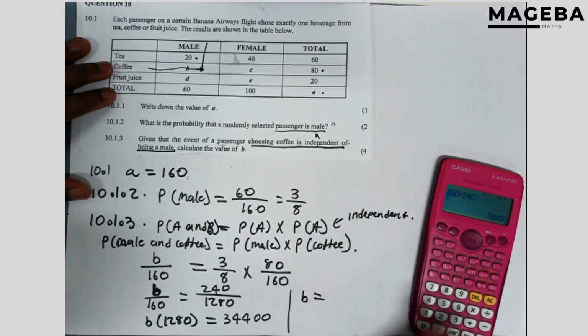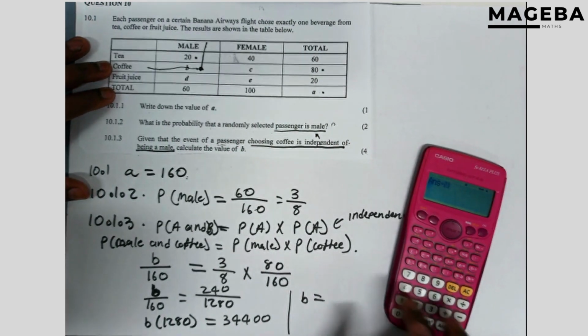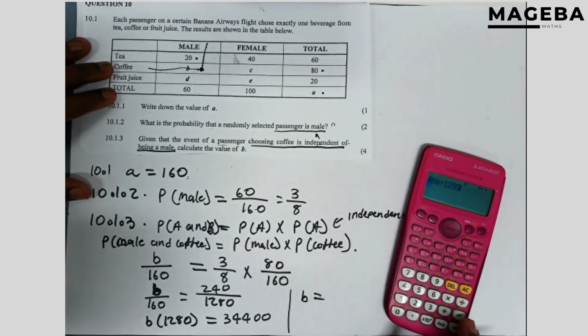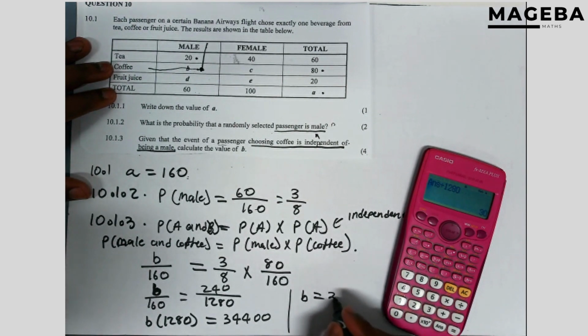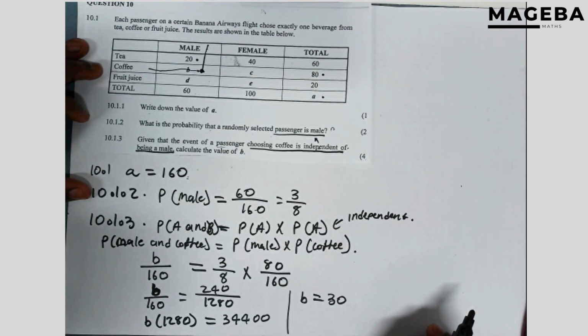Then our B, if we divide by 128, we get 30. So the value of B is 30. I hope you understand everything.